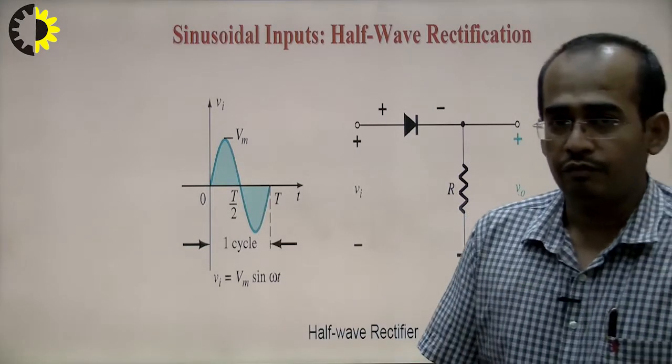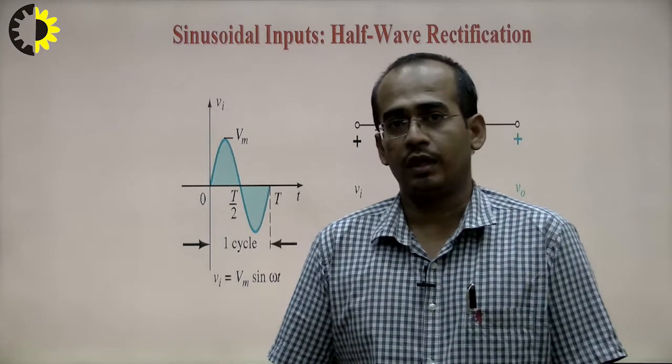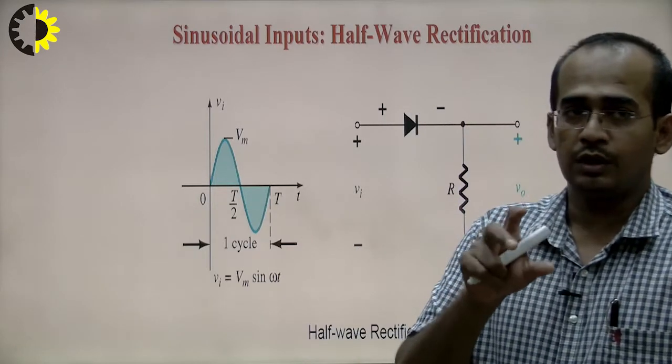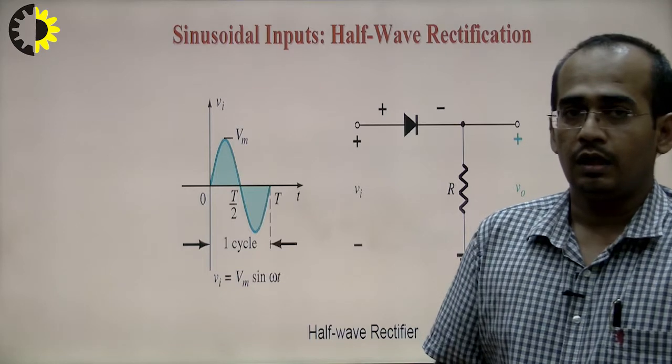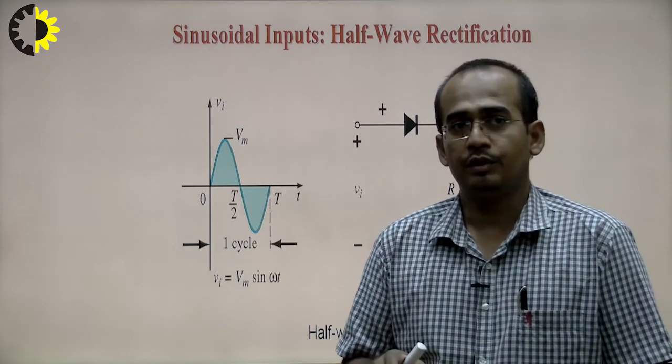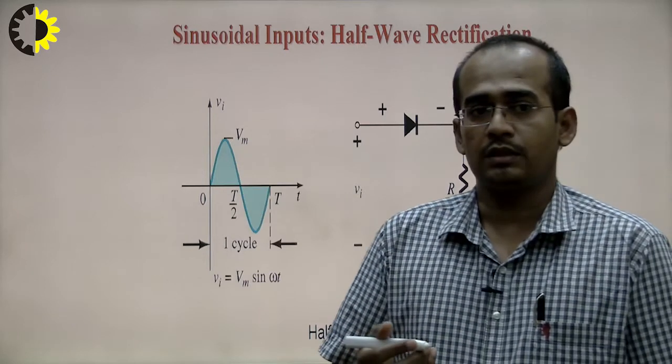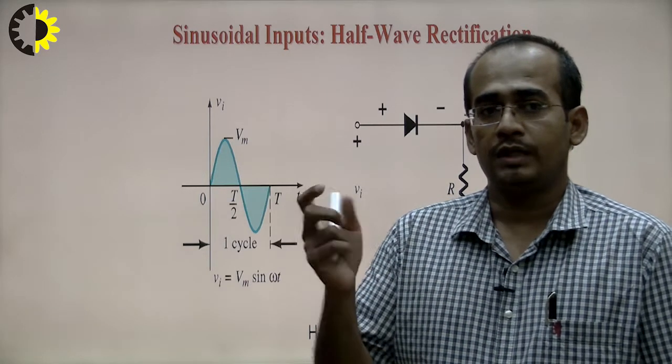So where will we use the filter for smoothing the output? The frequent use of a rectifier is in the charger of a mobile phone.